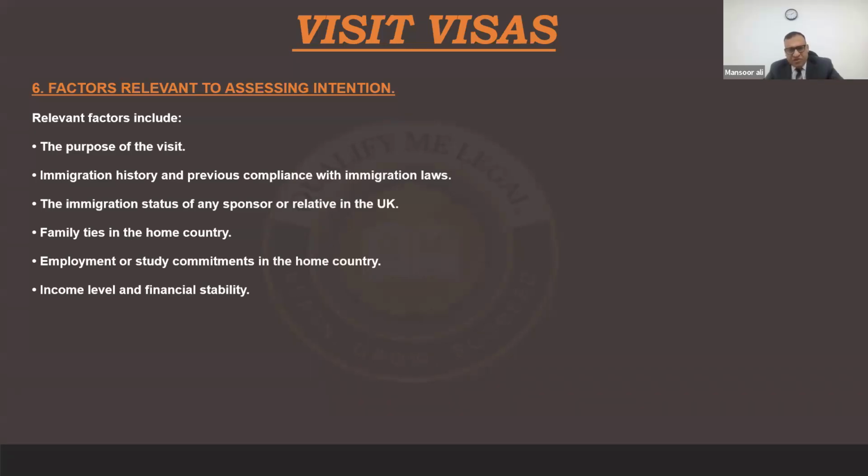So if you have deposited a certain amount of money before applying, for the sake of argument, 2 million in any currency or 10,000 pounds, you need to explain to the Home Office why you deposited this 10,000 pounds before applying. Either you have sold a property, someone bought from you, or someone gifted you. What was the source of this fund which you have deposited?